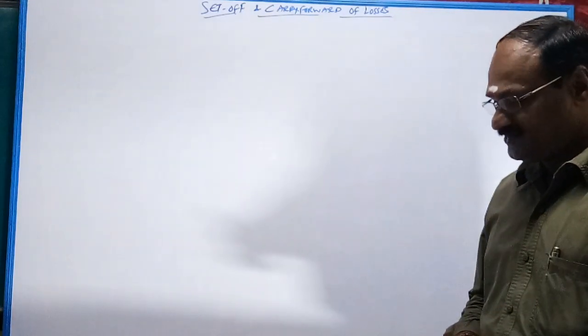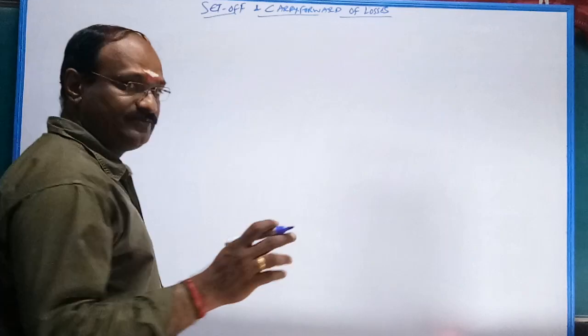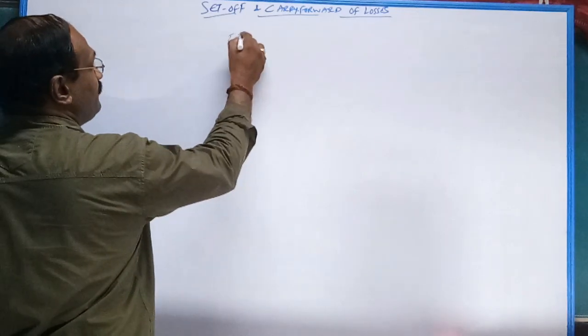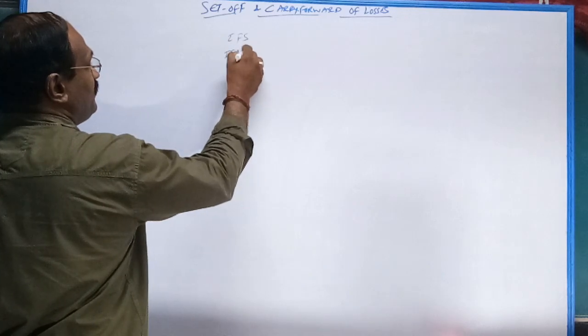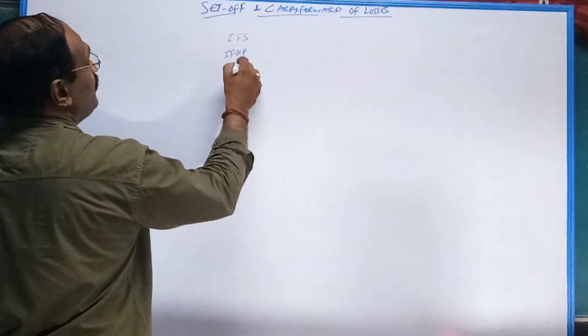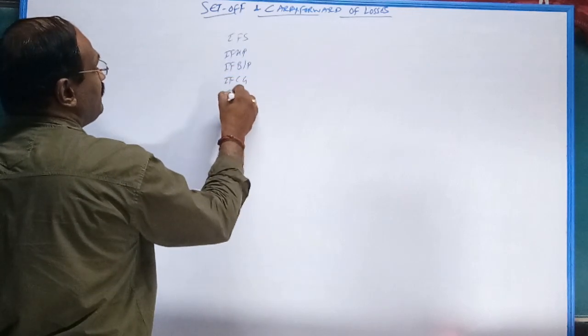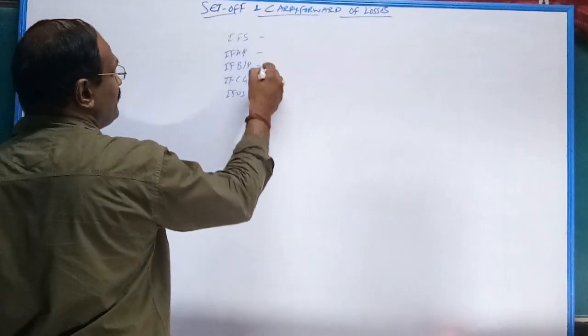Set off and carry forward of losses. Generally, we will see losses. There are a total of 5 heads of income: income from salary, income from house property, income from business or profession, income from capital gain, and income from other sources.